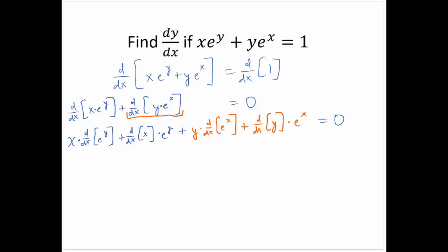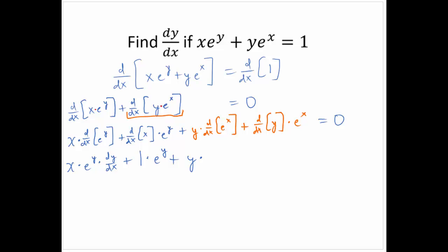Now let's see. d by dx of e to the y. That would be x times, the derivative of e to the something is e to the something, and then dy/dx, the derivative of y with respect to x, plus d by dx of x, the derivative with respect to x of x is 1, times e to the y, plus y times d by dx of e to the x.